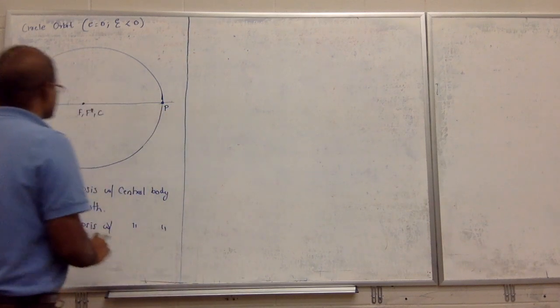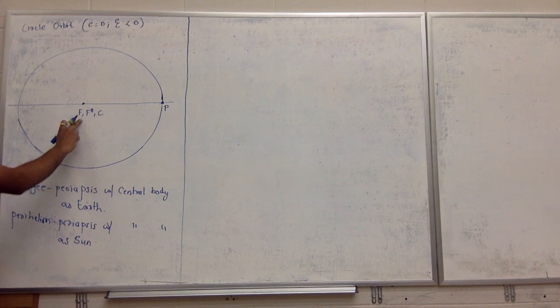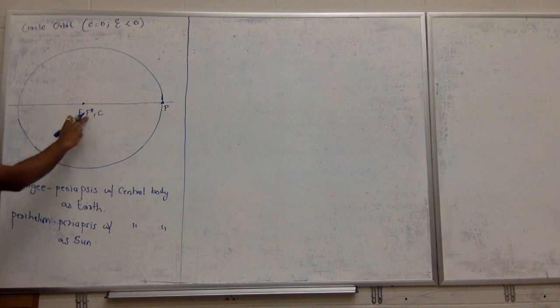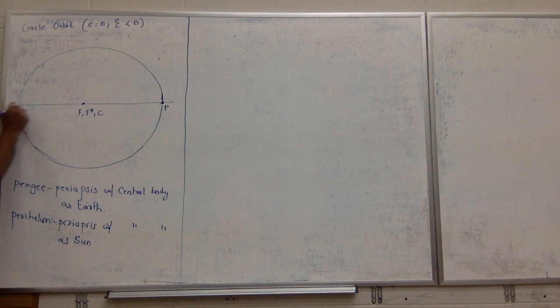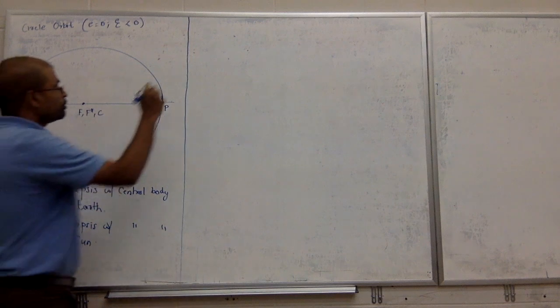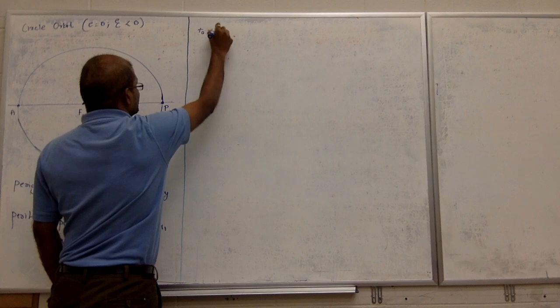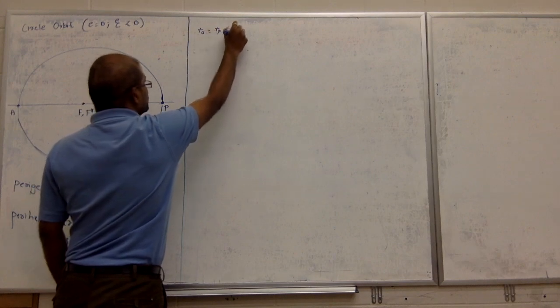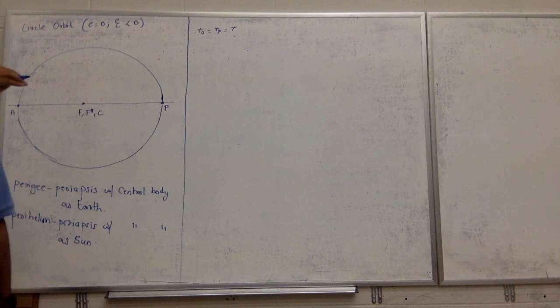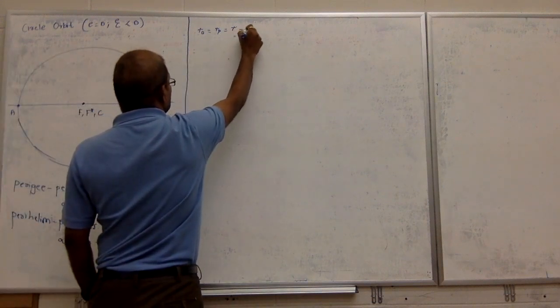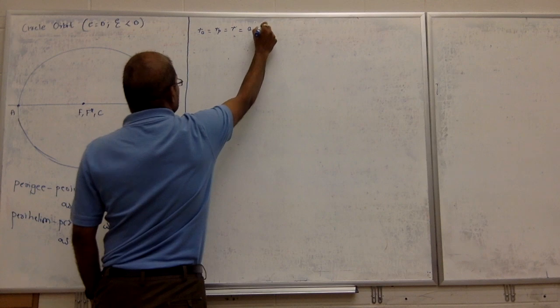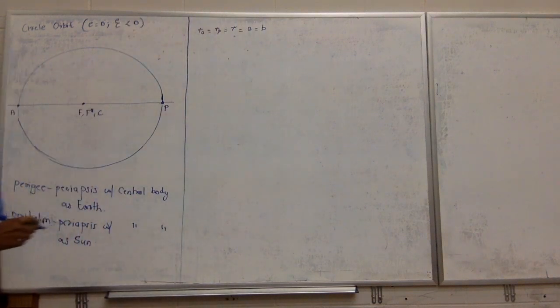So we know where the focus is. Occupied focus, unoccupied focus and center are at the same point. Does this make sense? Yes. We are going to just take this point as the apoapsis. What do you know about RA equal to RP is equal to R, right? Is equal to A. Does this make sense?